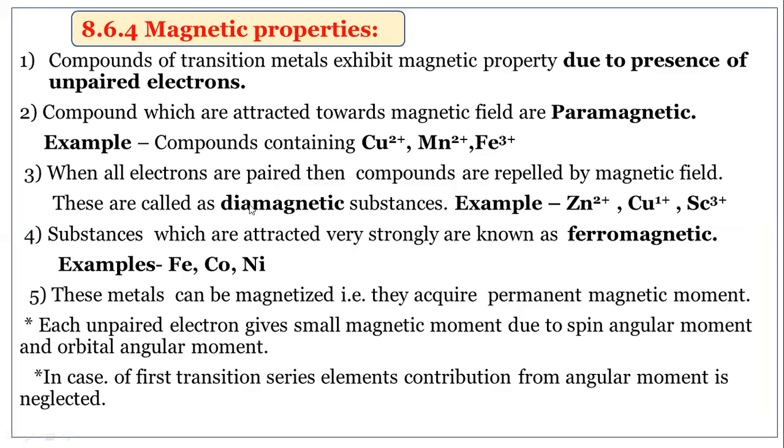So remember, diamagnetic means the pairing is there, there is no unpaired electron. Ferromagnetic substances are the substances which are strongly attracted by the magnetic field. Ferromagnetic means a large number of unpaired electrons are there. Remember, these elements are used for making permanent magnets.